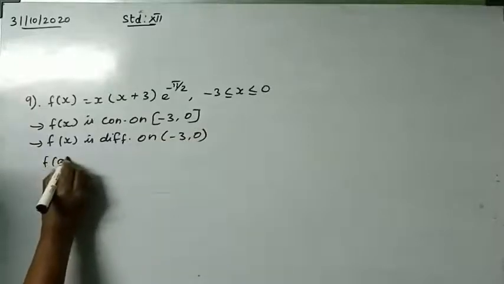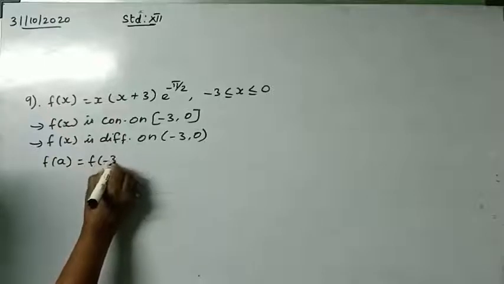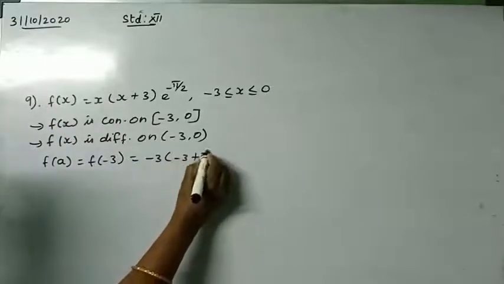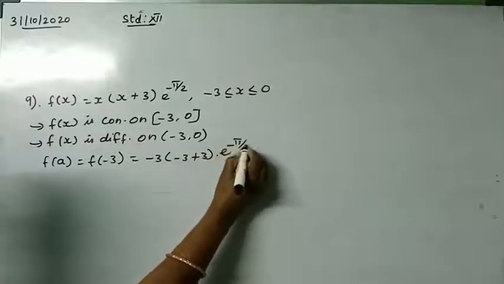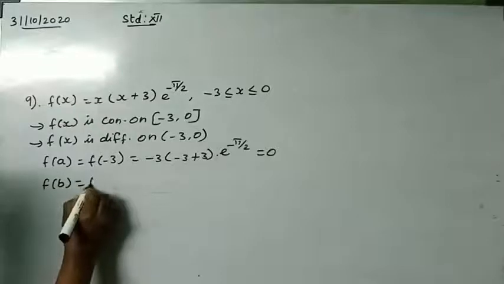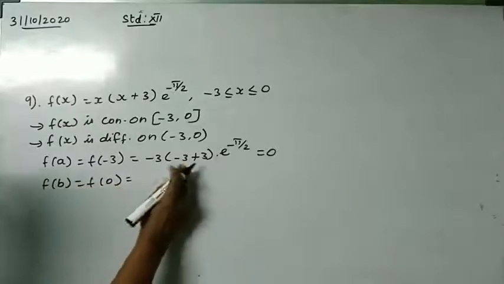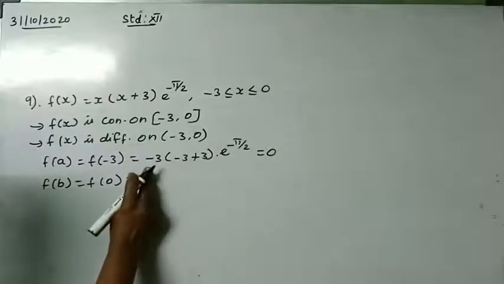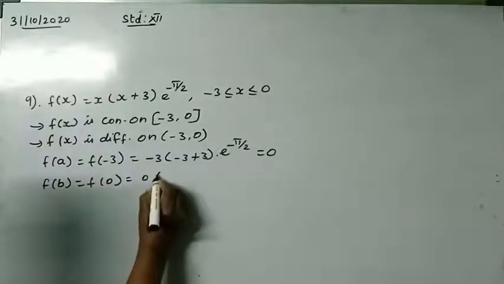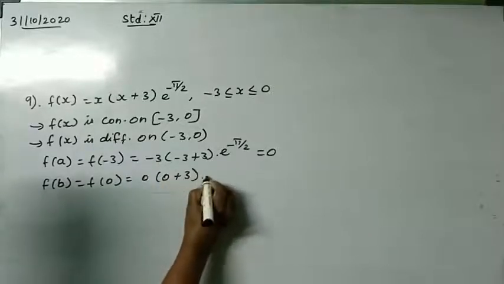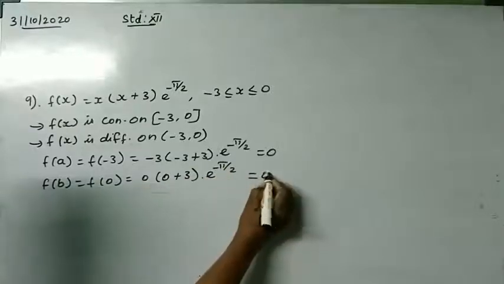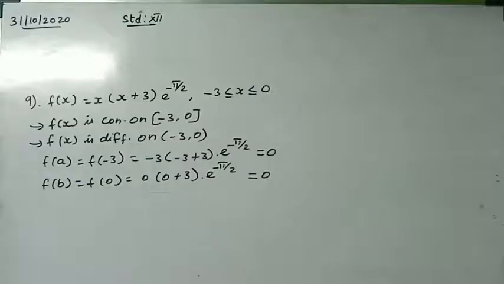Take f of a equals f of minus 3 equals minus 3 into minus 3 plus 3 into e power minus pi by 2 equals 0. Then f of b equals f of 0. Minus 3 plus 3 is 0, 0 into anything is 0. So f of 0 is 0 into 0 plus 3 into e power minus pi by 2, equals 0, since 0 into anything is 0. So these two are equal.